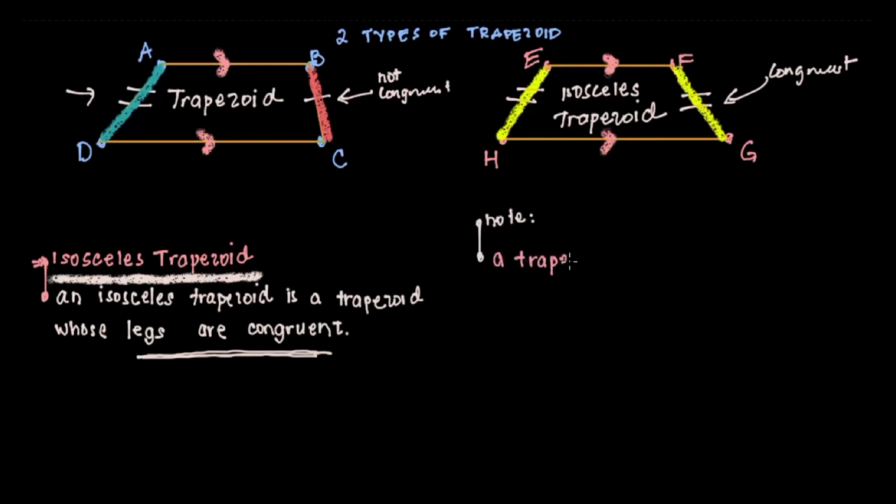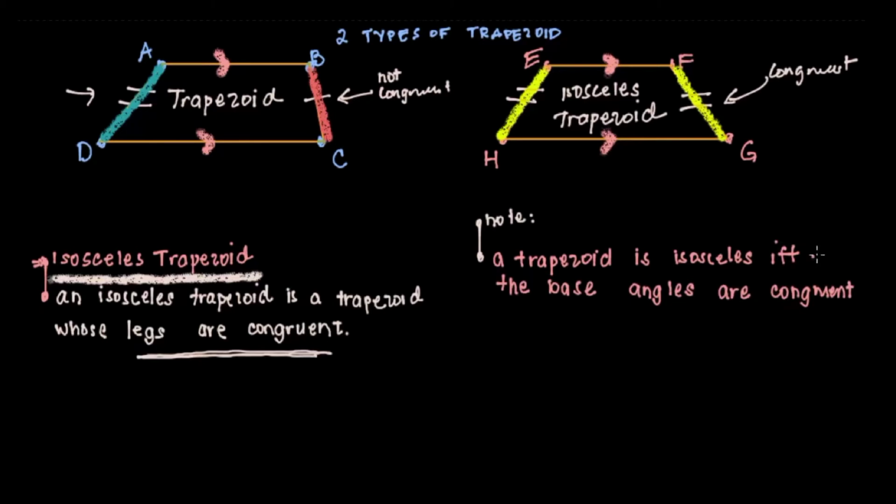Unang katangian na i-share ko sa inyo, a trapezoid is isosceles if and only if the base angles are congruent. Okay? So, kapag congruent daw or equal yung ating mga base angles, then they are an isosceles trapezoid.